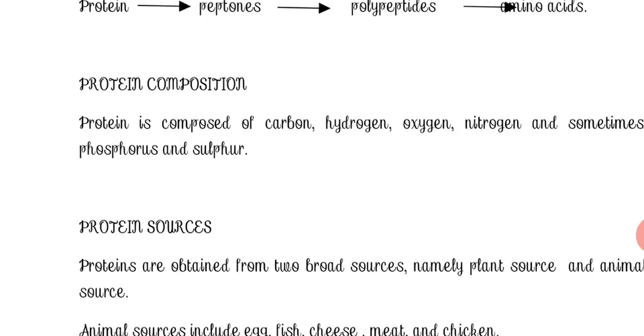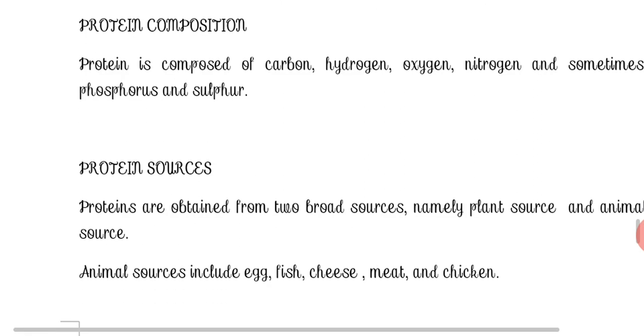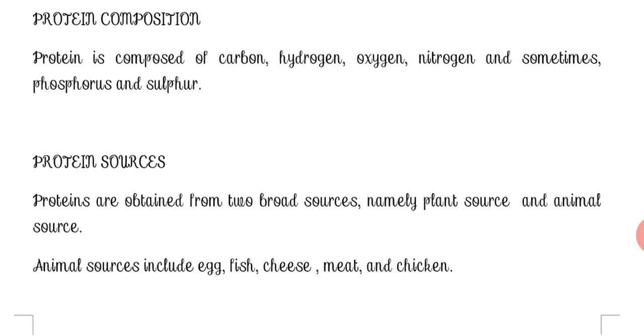Now, protein composition. Protein is composed of carbon, hydrogen, oxygen, nitrogen, and even sometimes we have phosphorus and sulfur.